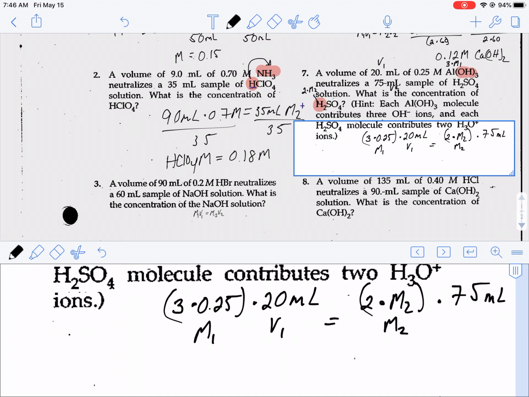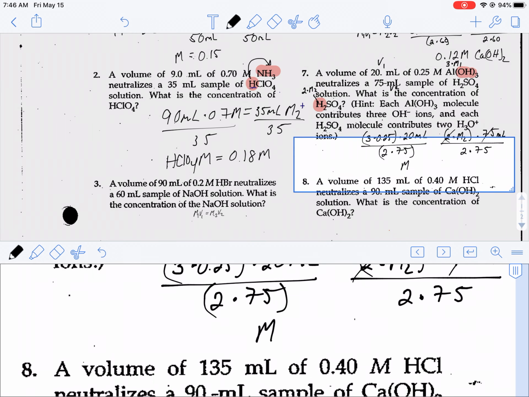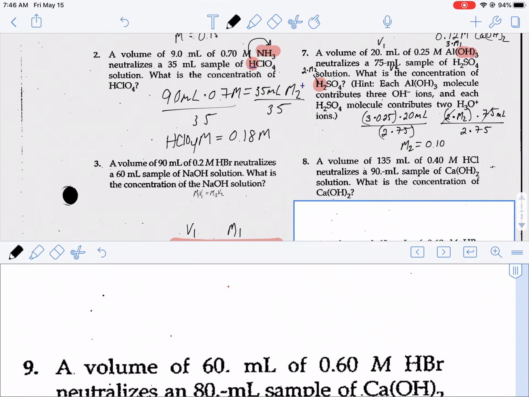So again, this is M2 and this is V2. Now I'm going to divide by my V2. I'm going to divide this over 2 times 75, and I'm going to get a new M2 of 0.1.